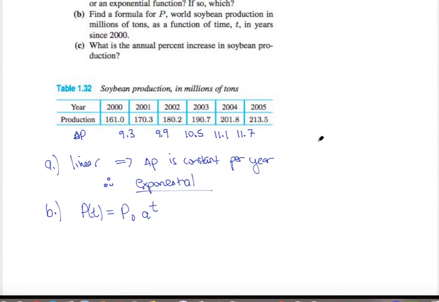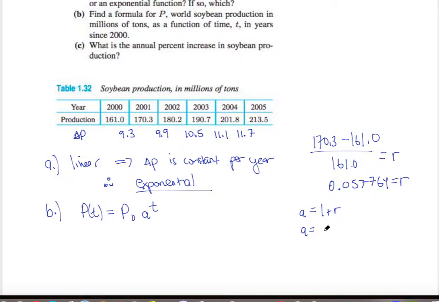So for the first 2 years, we would have 170.3 minus 161.0 over 161.0. So this will give us our rate of change. So when we put this into a calculator, we actually get an R value of 0.057764, and that's our R. Therefore, since A is 1 plus R, our base is going to be 1.057764.